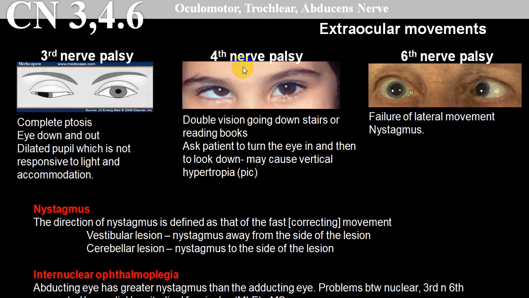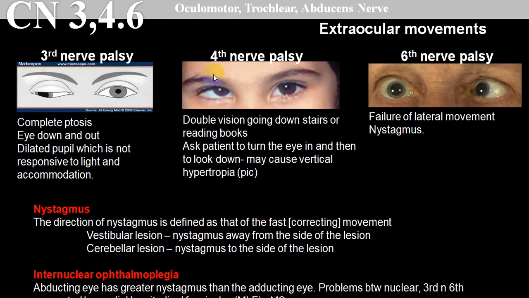While in fourth cranial nerve palsy, you will have double vision while looking down the staircase. When he is trying to look down, you can see this is in the center. This is deviated upward, unopposed action. So you will have a squint, showing you the eye which is affected.